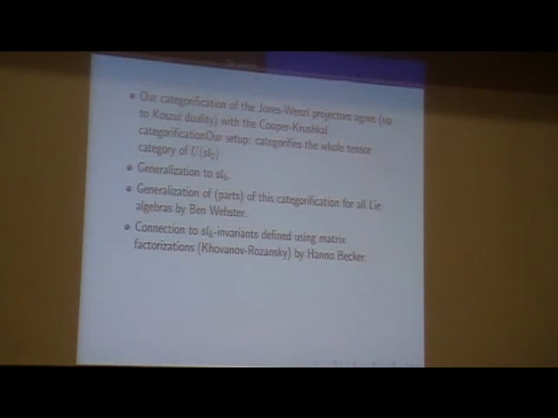So they defined categorified sl_n invariants using matrix factorizations. And this was actually recently done by a student of mine, Hanno Becker, who constructed an explicit functor going from this world to the other world. Also, it's still not completely clear how the categories relate. So there is a functor, but we don't claim that there is an equivalence of categories.